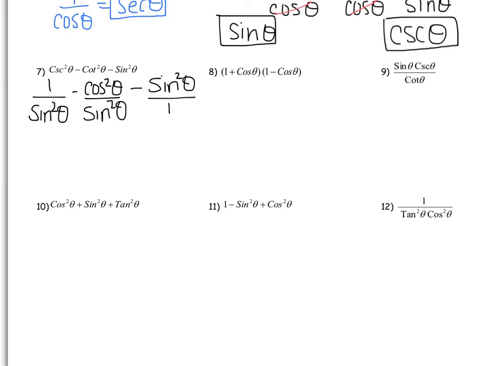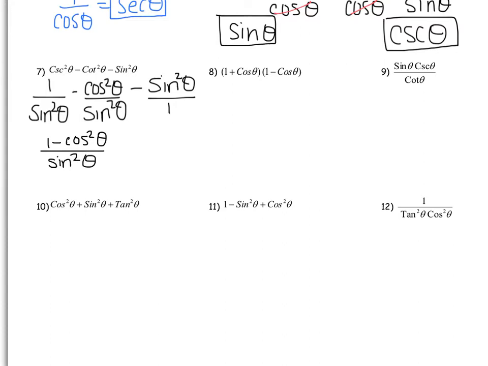Now, in order to add or subtract fractions, we need a common denominator. What you notice between these two is that there is a common denominator, but this one, there's not. So we can focus our attention just straight on here instead of making the whole thing a common denominator, and it actually might make our lives a little bit easier. So would you agree that if I were to subtract these two fractions, I would get 1 minus cosine squared theta all over sine squared?